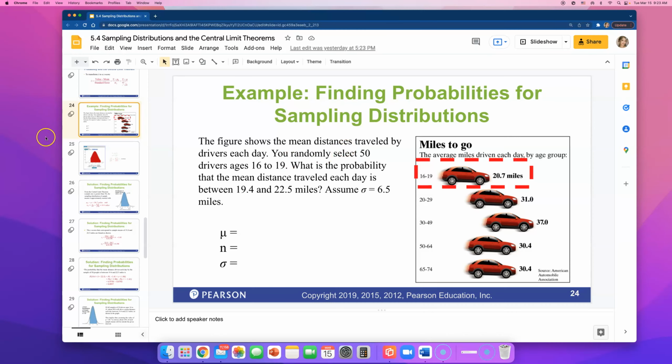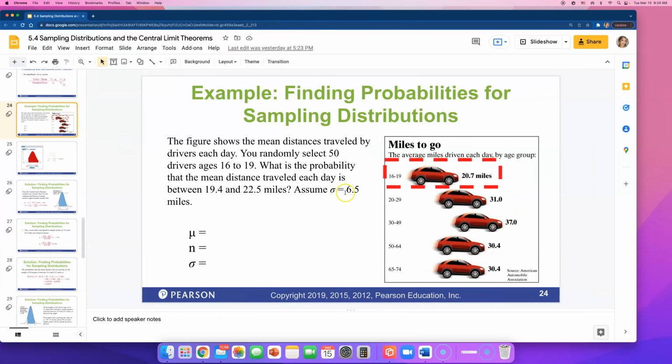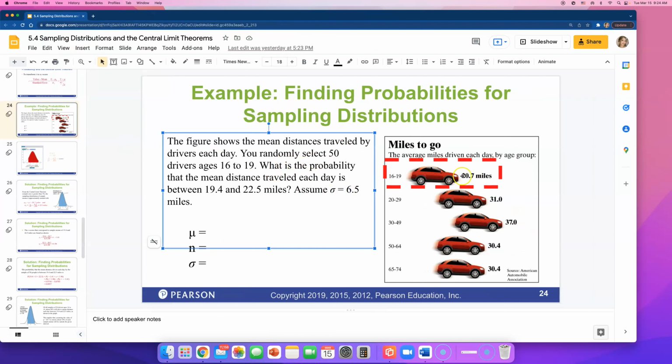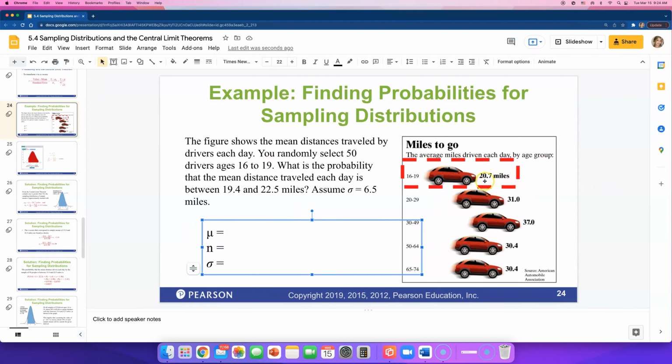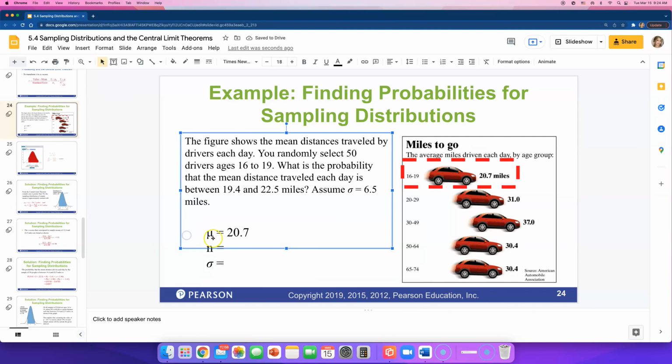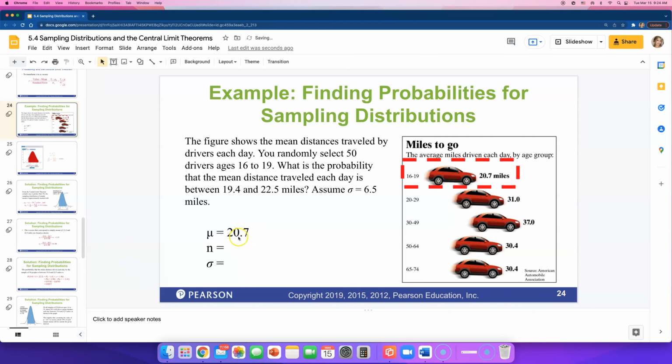All right, so I'm going to highlight some things here for you. The mean, they didn't spell it out, but we can read it from this graph right here. The mean is 20.7 miles. So that's the mean that we're going to be using, because the mean of the sampling distribution of the sample mean is equal to the mean of the population.